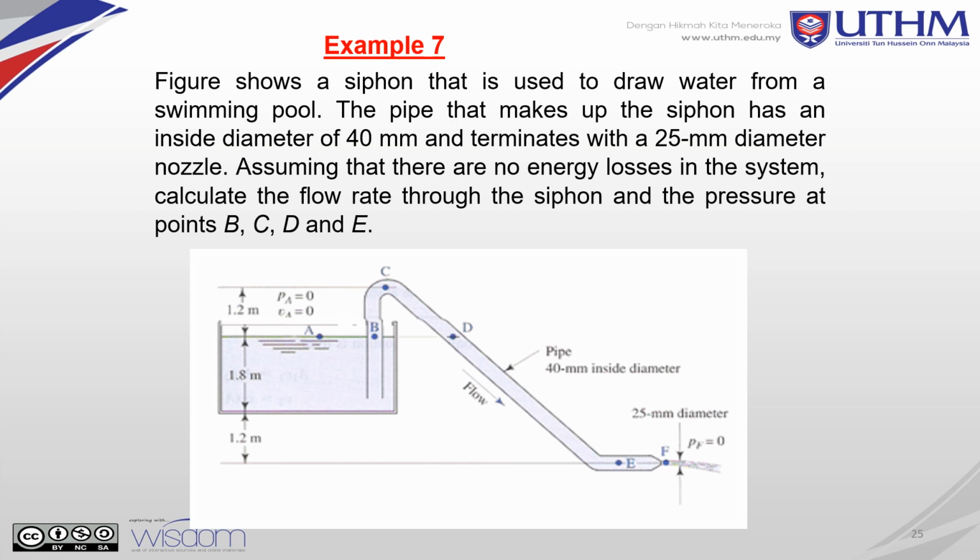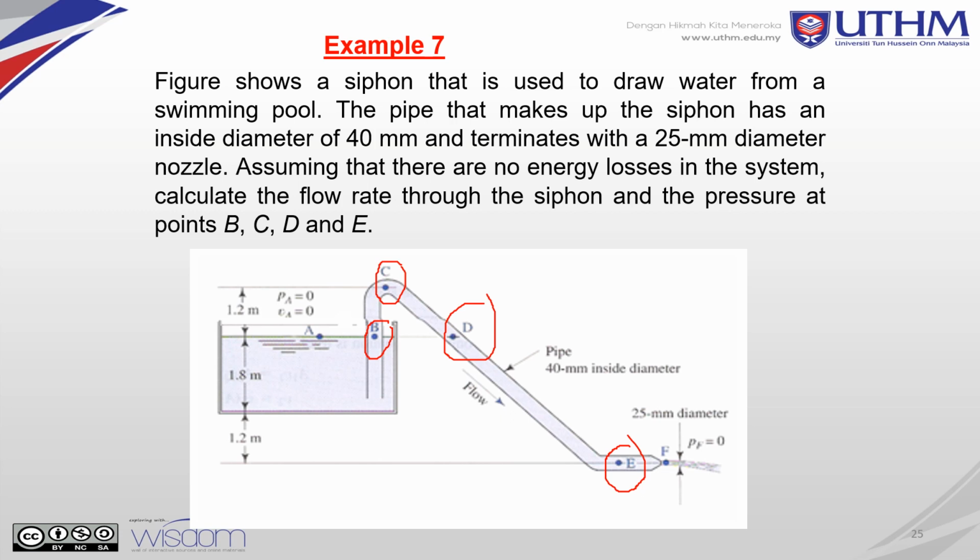Okay, look at example 7. This example is also to find the energy losses in this system, to get the flow rate through the siphon and the pressure at point B, C, D, and E. The figure shows a siphon that is used to draw water from a swimming pool.